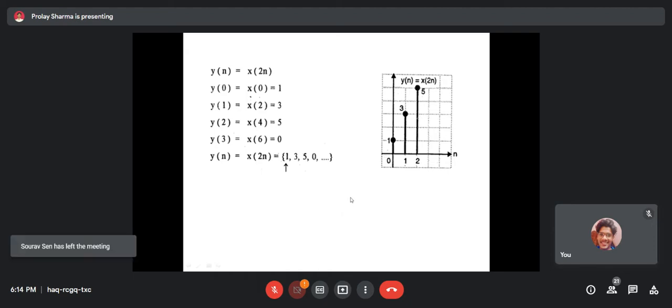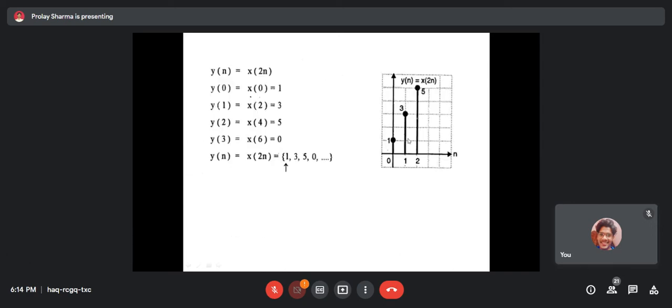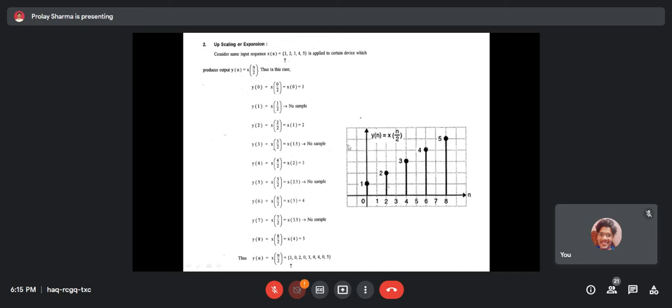So this is called downscaling, or compression, that means the number of sample values is reduced. Now let's see what will happen if we consider y[n] equal to x[n/2]. In the first case we multiplied n by 2. Here we are dividing n by 2.